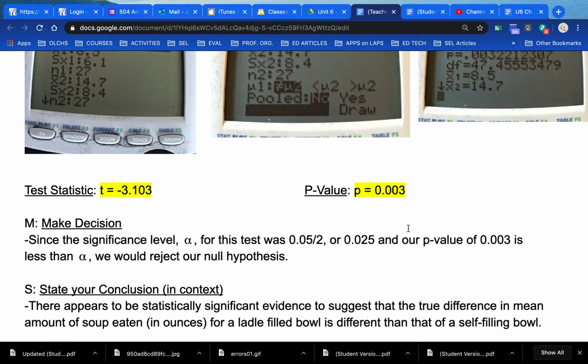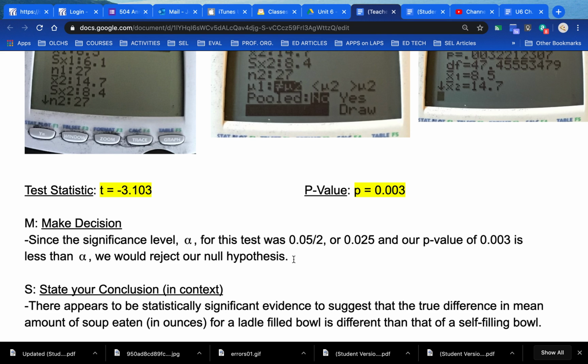So the reason I'm stressing that, again, typically, if you don't get the alpha thing I'm talking about, if you know you're going to reject, you could just say I'm rejecting because my p-value is so low. However, to get full credit for everything, you would want to say something like, since the significance level, which again, this would have all been one problem, so it's not like I'm just pulling this out of thin air, since the significance level for this test was 0.05 divided by 2, or 0.025, our p-value is lower than that.